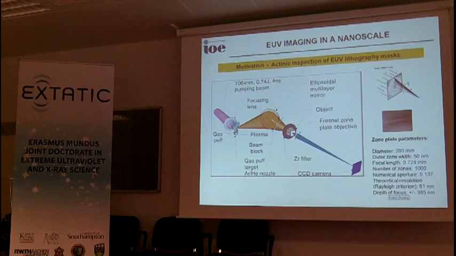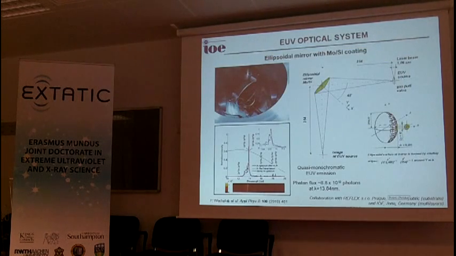We are using a commercially available Fresnel zone plate with a 50 nanometer width of the outer zone, so we would expect a resolution of about 60 nanometers. This ellipsoidal mirror is a crucial part of this system. The mirror was developed in collaboration with Reflex at the time, now Rigaku company in Prague. They supplied the substrate, and the coating was made by colleagues from Jena.